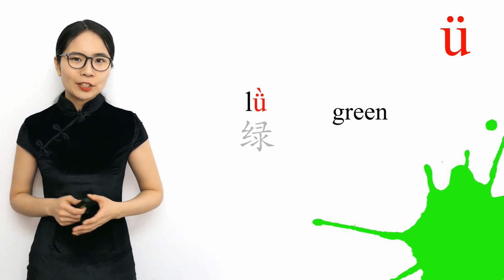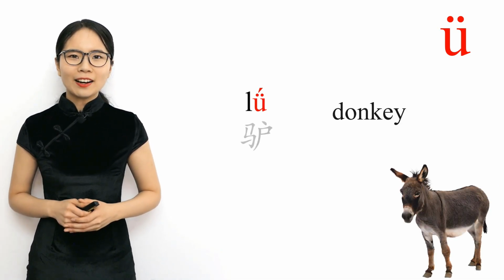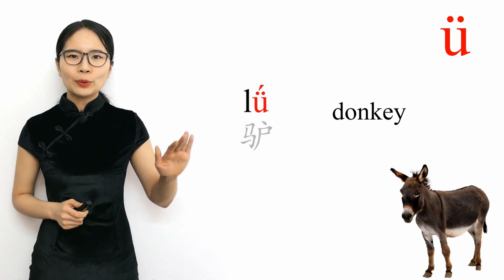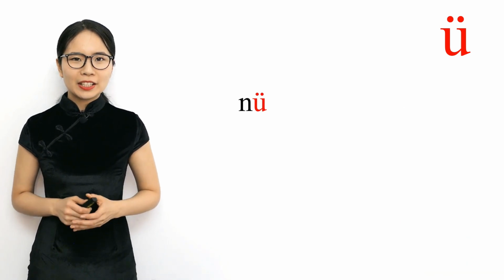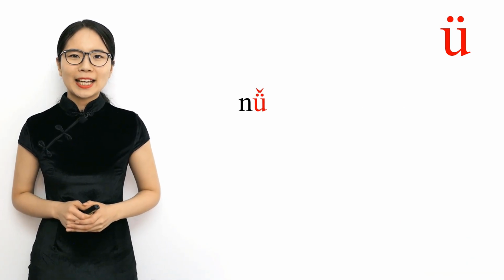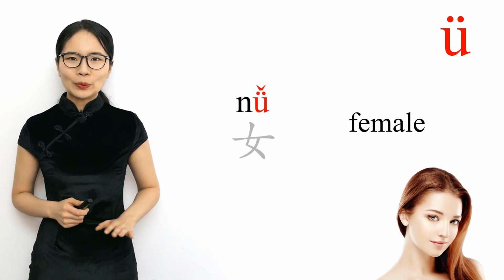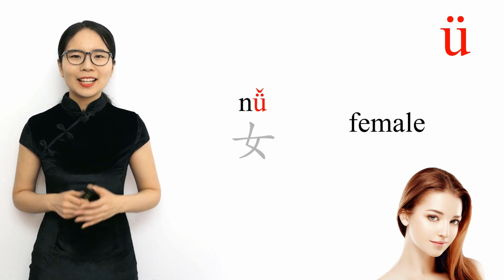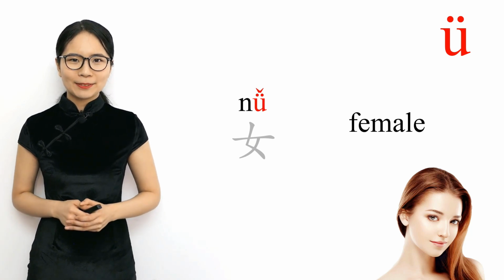If we change the tone to the second tone, we get 驴, which means donkey. 驴, 驴. And if we use the initial n and the third tone, we get 女, which means female. 女, 女. Okay, that covers the pronunciation of the 6 basic finals.